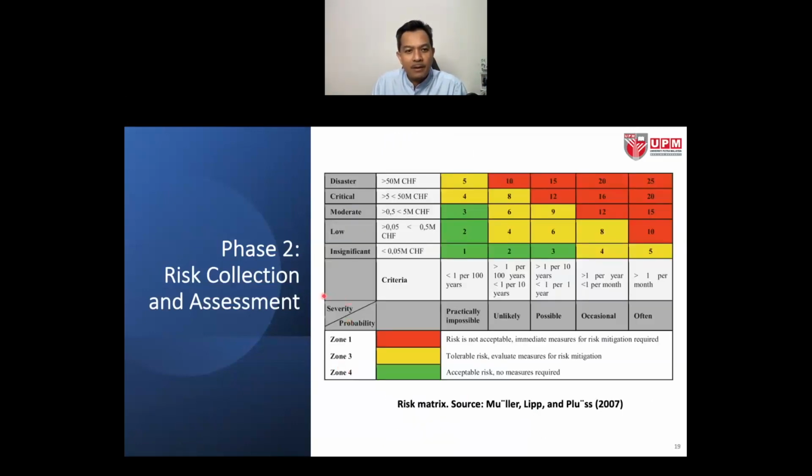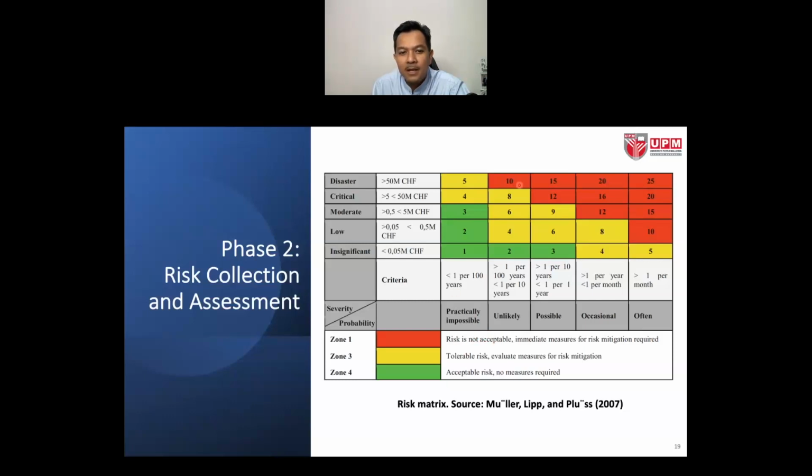At the same time, risk collection and assessment, this is a risk matrix, right? So normally it is used in risk assessment where you put up the different rubrics or categories. For example, the red colored region over here, where risk is not acceptable.